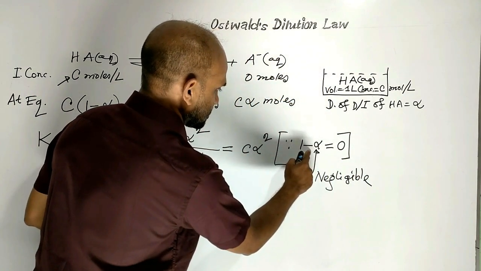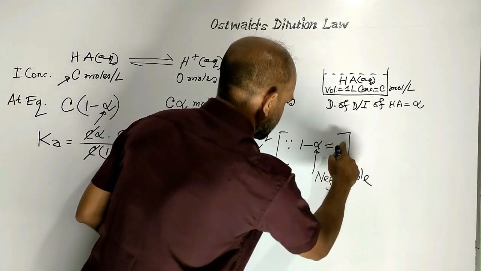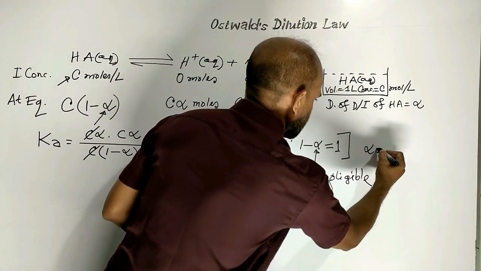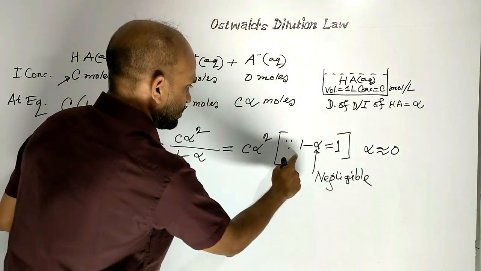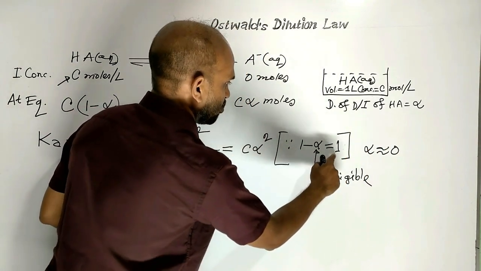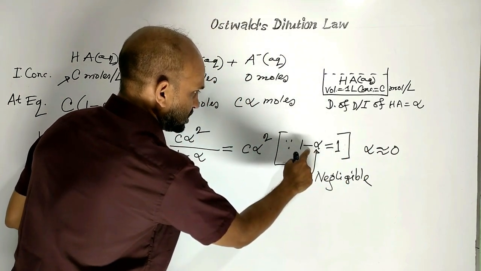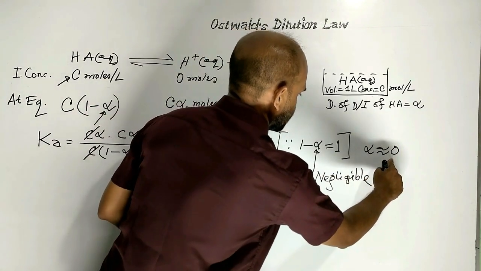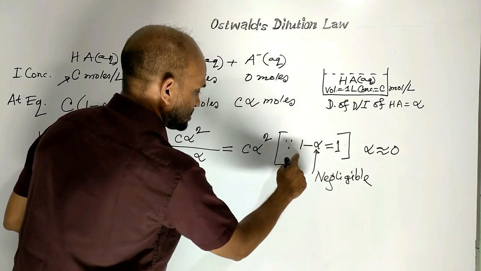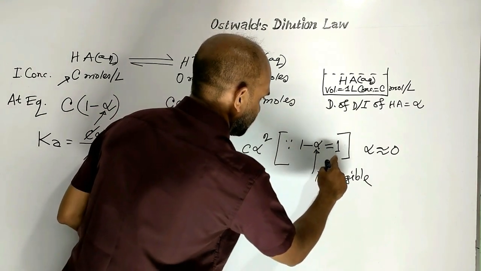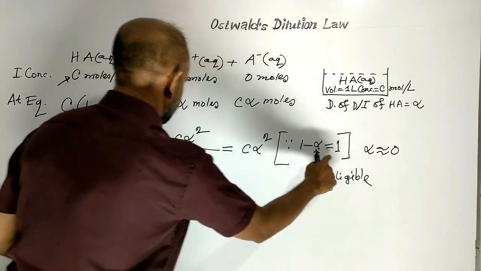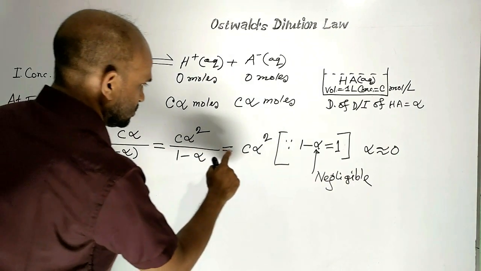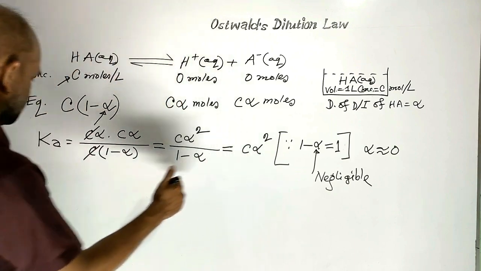Degree of dissociation is almost 0. So 1 minus alpha is equal to 1, because the degree of dissociation is negligible, which is almost 0. So the acid dissociation constant can be considered equal to C alpha square.